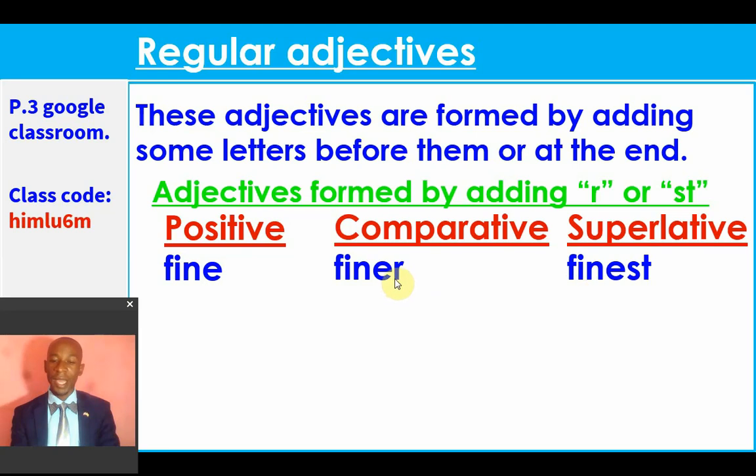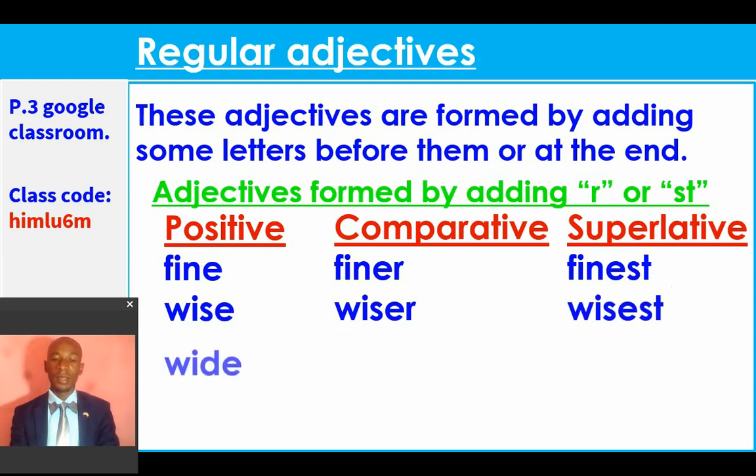You see, here we added letter R on the word fine. Then here on the word fine, we added ST. So this is how we shall be doing it for these other adjectives. Wise, wiser, wisest. Are we together? Wide, wider, widest.